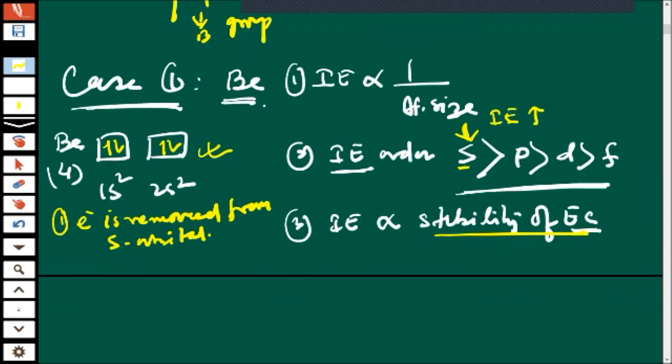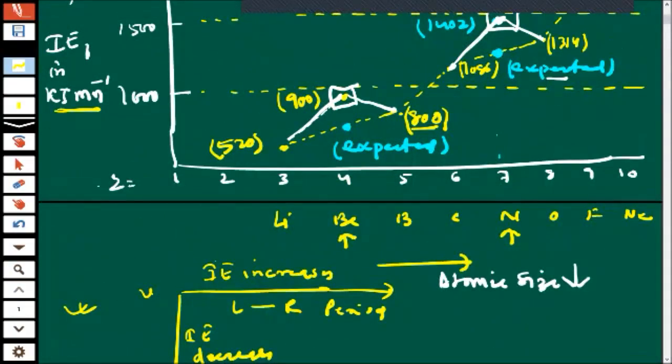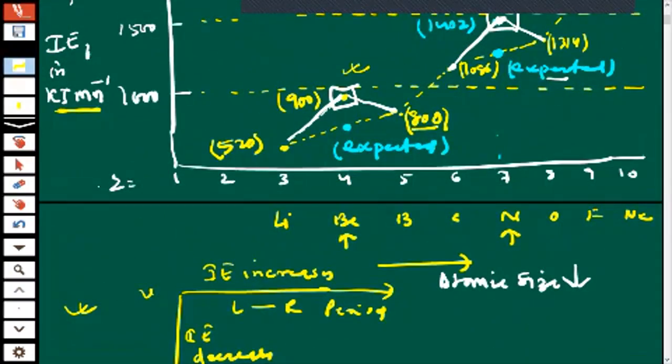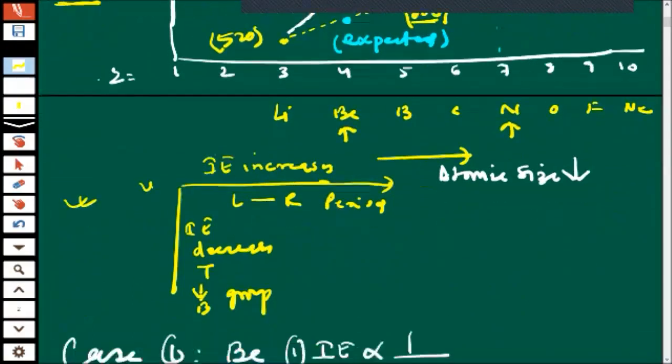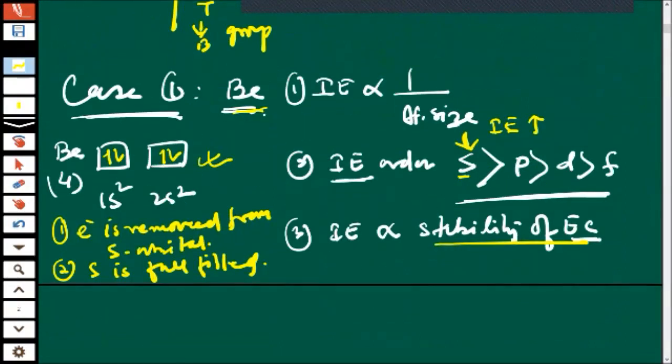And then the second case is S is fulfilled, and atomic size is small. So all these 3 factors combinedly raise the value of ionization energy. I think the reason for the abnormal or exceptional behavior of beryllium is clear to you.